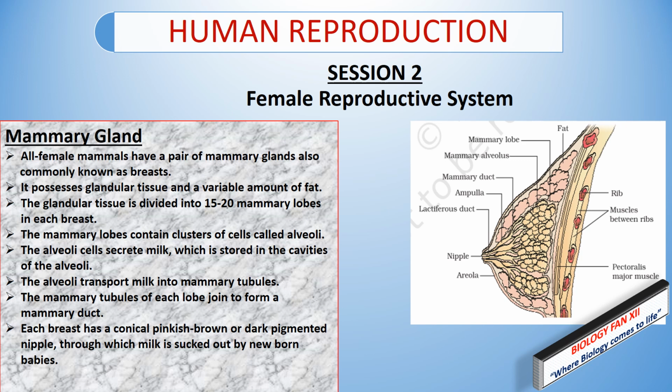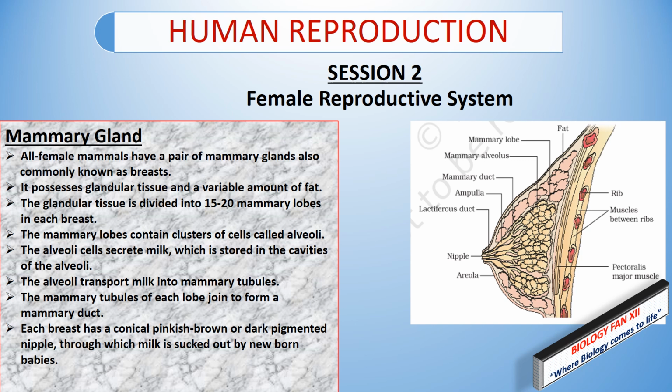The alveoli transport milk into the mammary tubules, and the mammary tubules of each lobe join to form a mammary duct. Many mammary ducts join to form a broader mammary ampulla connected to the lactiferous duct that empties onto the surface of the nipple.